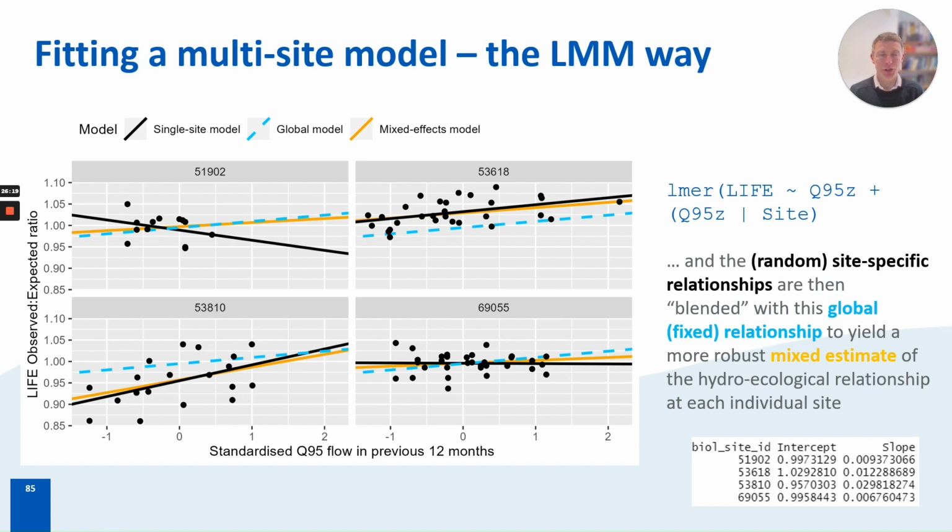So as I said, this approach works well where we can identify and analyse data from a set of sites which are hydrologically and ecologically similar. What this ultimately yields is again a regression line for each site, as shown in the bottom right-hand corner of the slide here. We get a separate intercept and slope. That's a blend of the site-specific data, also borrowing information from the whole data set.